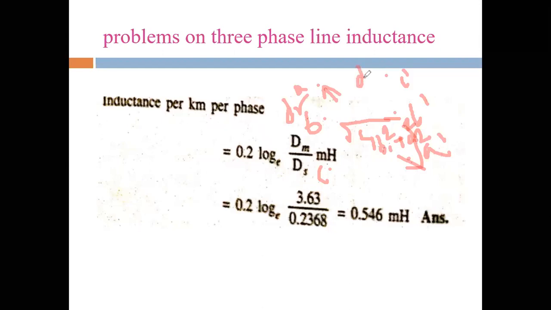A to C dash is the d2. Okay, what is the distance between C dash to B? That is equal to square root of d1 square plus d2 square.